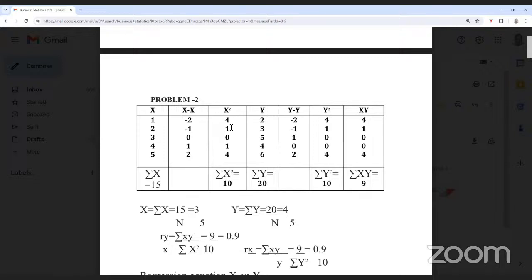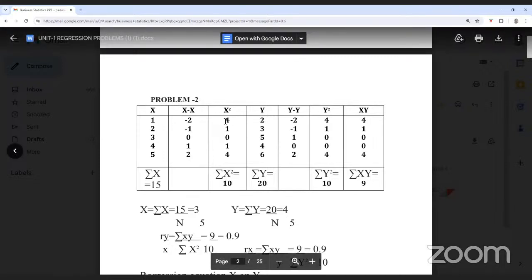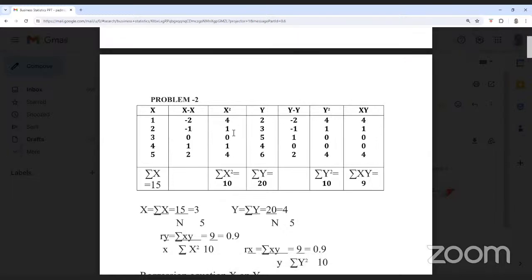And you have to square it. 2 into 2, 4. 1 into 1, 1. 0 into 0, 0. 1 into 1, 1. 2 into 2, 4. Sigma x square is 10.